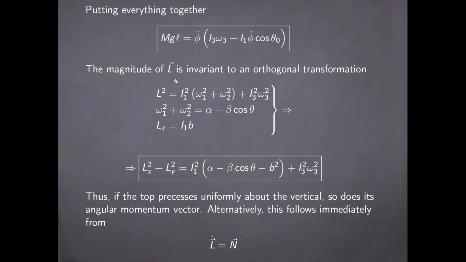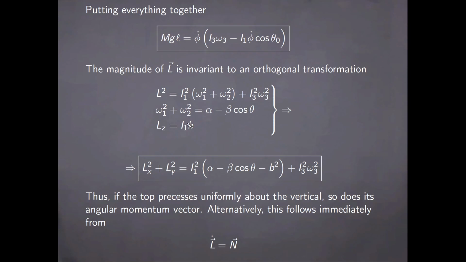Furthermore, the magnitude of the orbital angular momentum is invariant to an orthogonal transformation. So on the one hand, L squared must be the same whether we evaluate it in the body or in the laboratory set of axes. We know that the sum of squares of these two angular velocity components is equal with this value, and as we have seen in the previous discussion, the vertical component of the angular momentum in the laboratory frame is constant and is equal with this value.